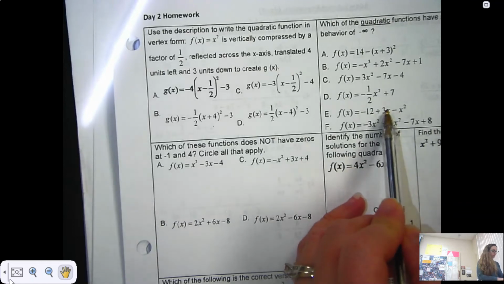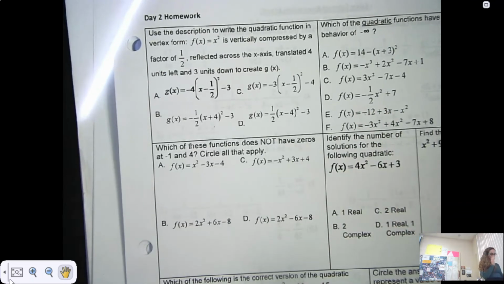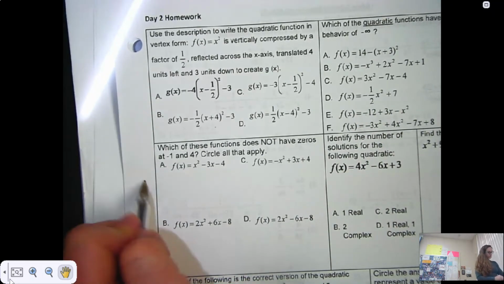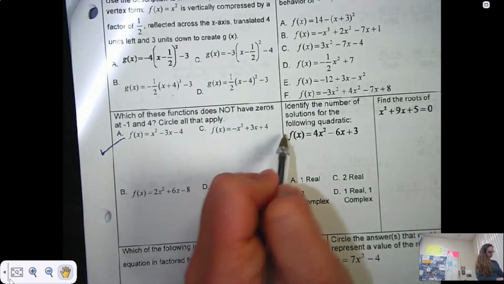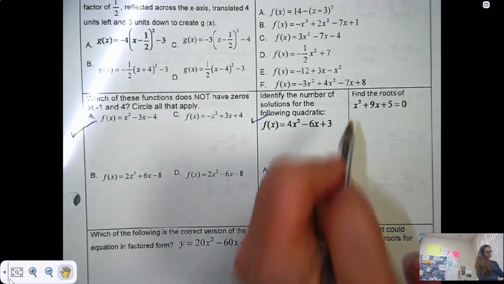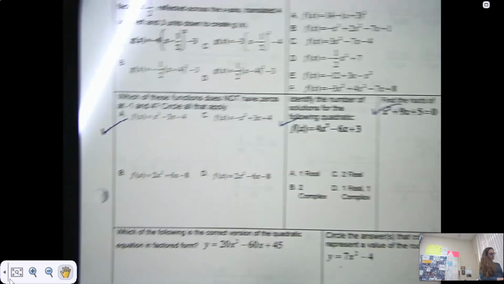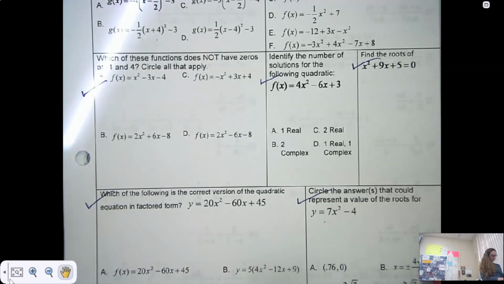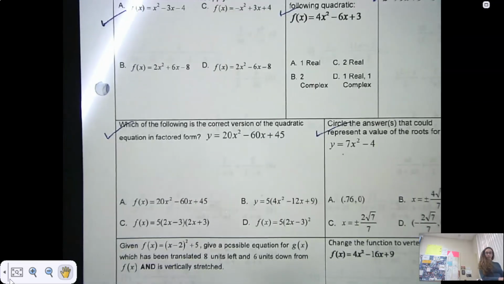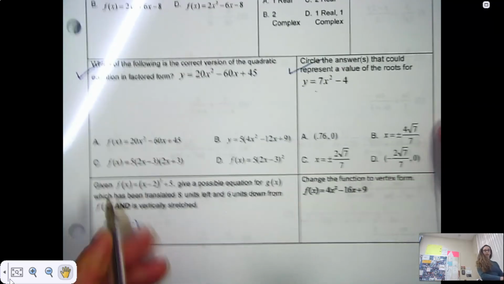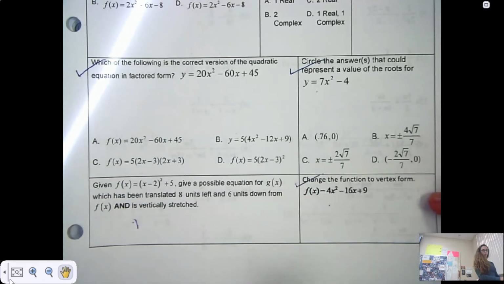This one, if you're not sure, I would graph it. Make sure you're showing work on these next ones. And this one is just an answer down here. And this one, you're going to have to show work on that.